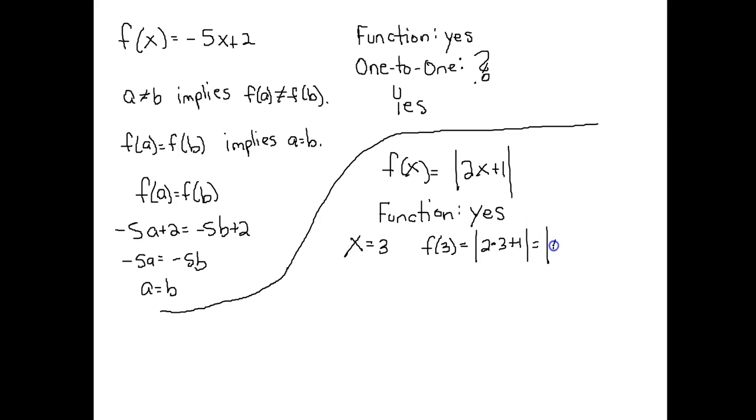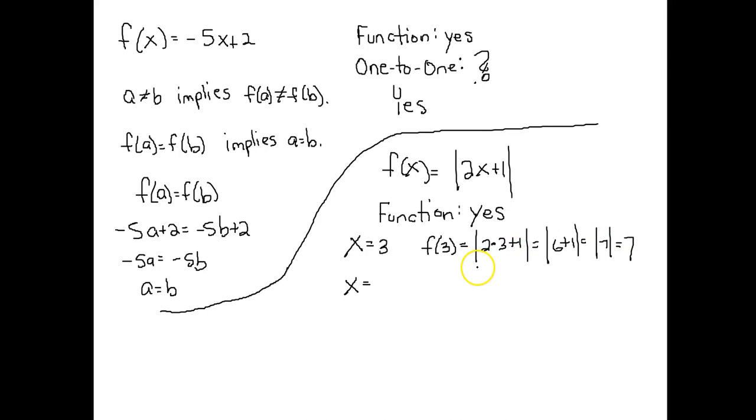So that's the absolute value of 6 plus 1. Absolute value of 7, which is 7. Okay, so the x value of 3 only gives us one y value back, so it is a function. But we have to ask ourselves, is there another x value that will give us the same y value? And if there is, then it's not one-to-one.